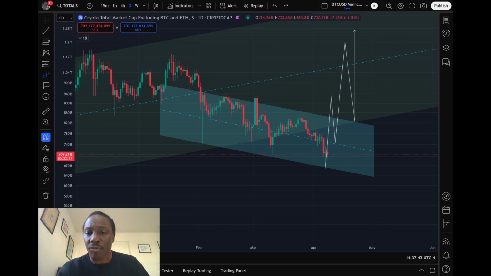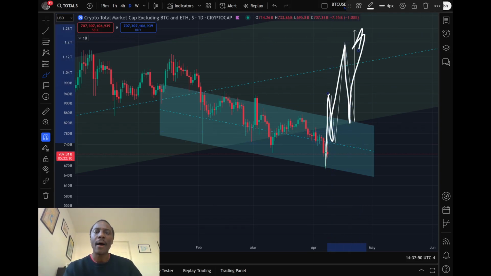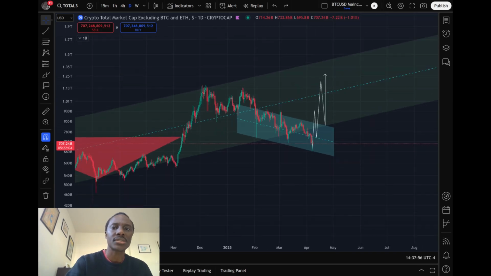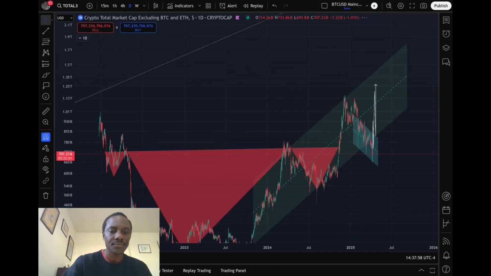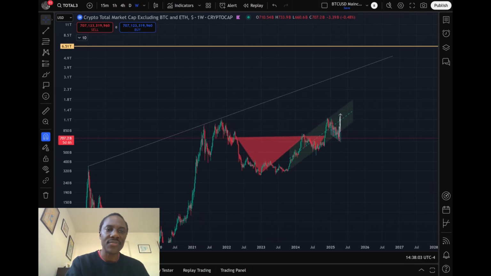We're looking for that first move up and out for altcoins, taking you and matriculating up and through to the eventual target of this inverse head and shoulders, which should be, let's go back on the weekly, the top of this larger channel right here.